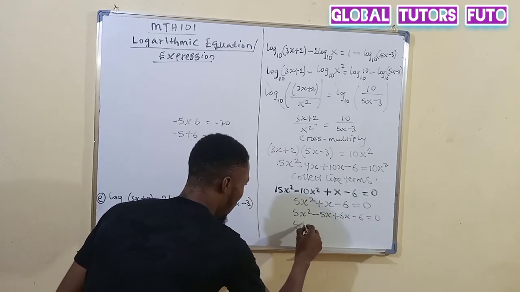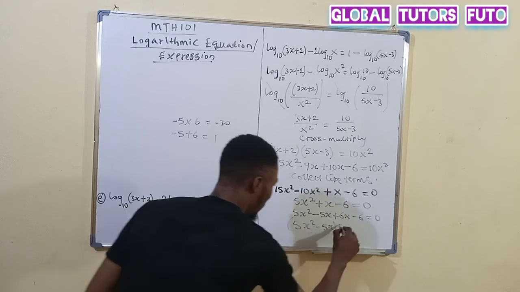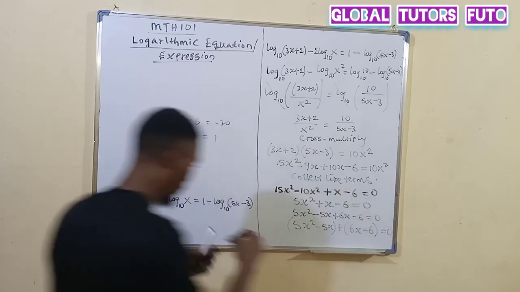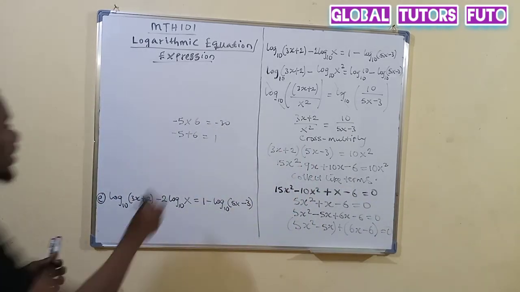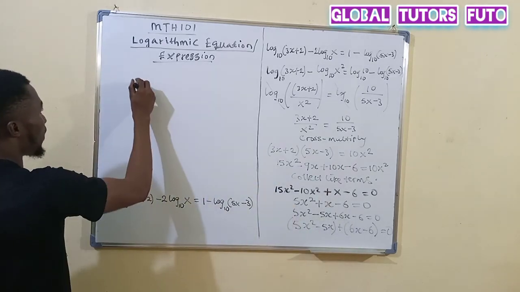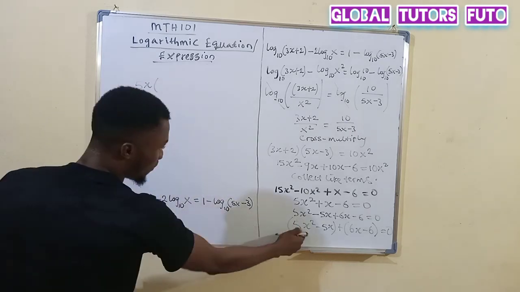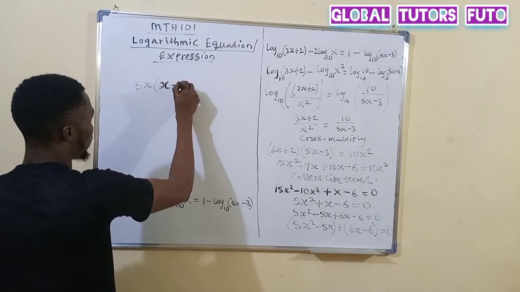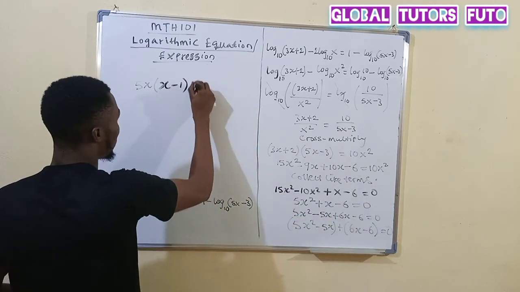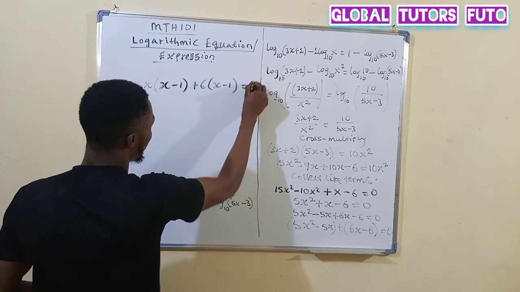So we have 5x squared minus 5x plus 6x minus 6 is equal to 0. So we are going to simplify that. 5x is common here. So if we factor out 5x, what we are left with here will be x minus 1. So if we factor out 6 here, we are going to have x minus 1 equal to 0.